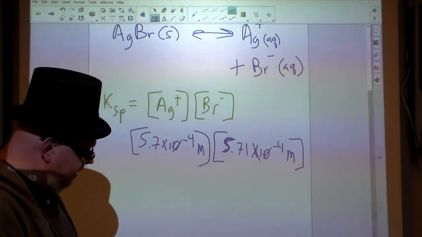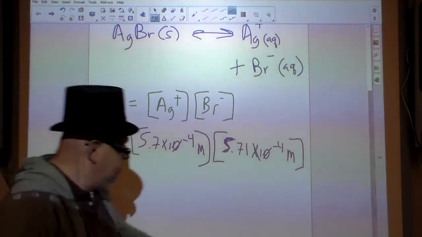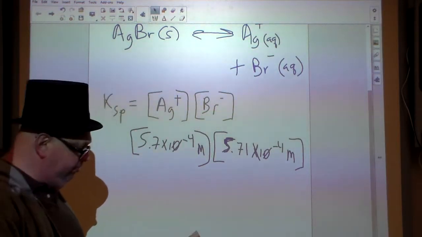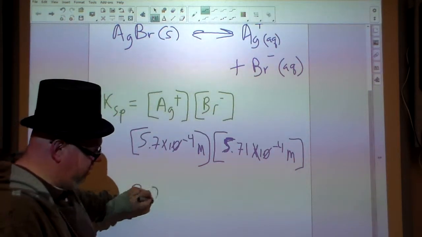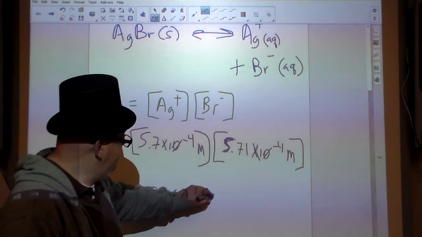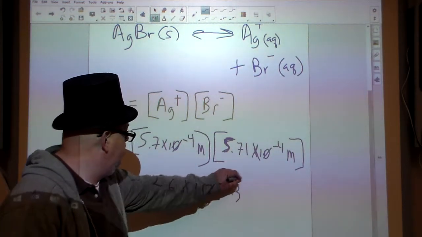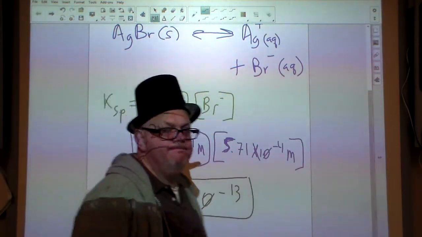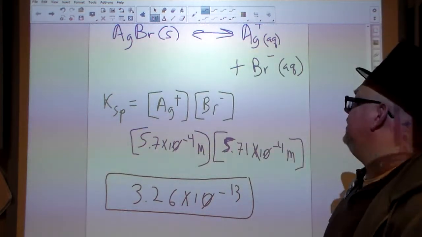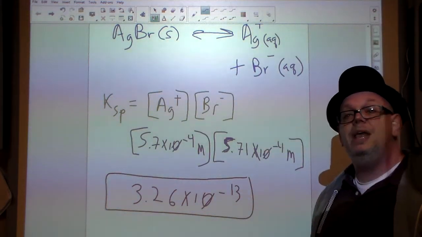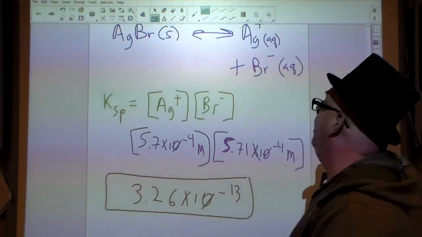And in the end, we end up getting, as our final answer, 3.26 times 10 to the minus 13. This is the KSP for AgBr, silver bromide.